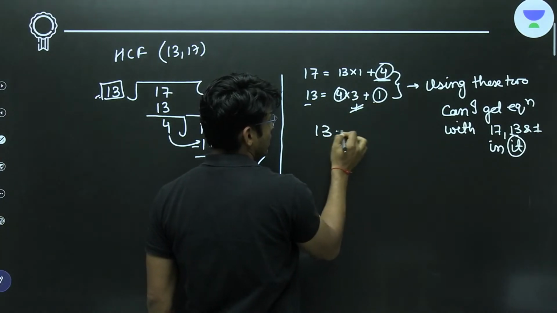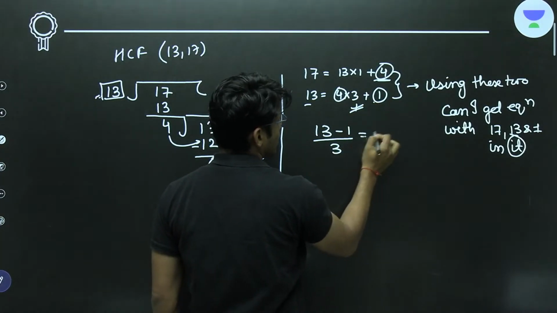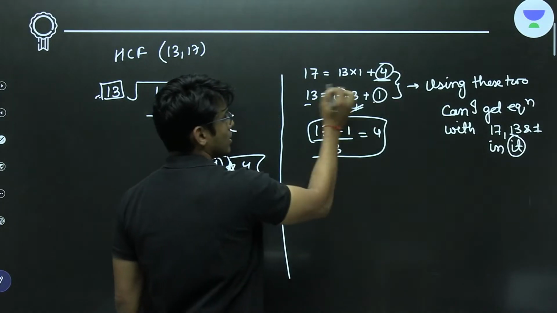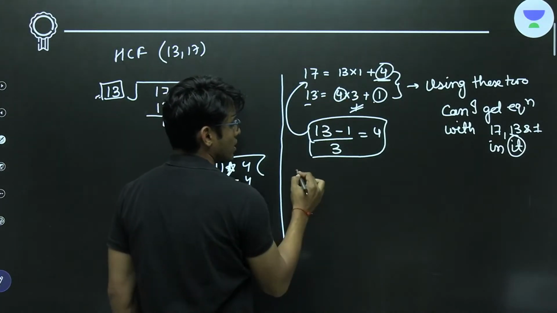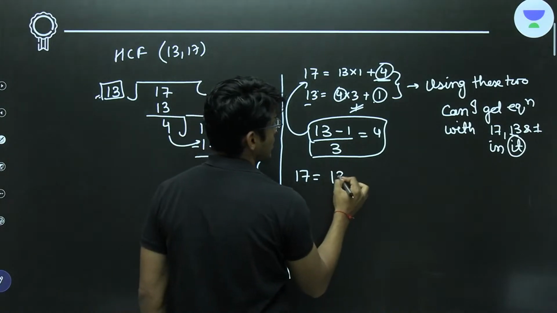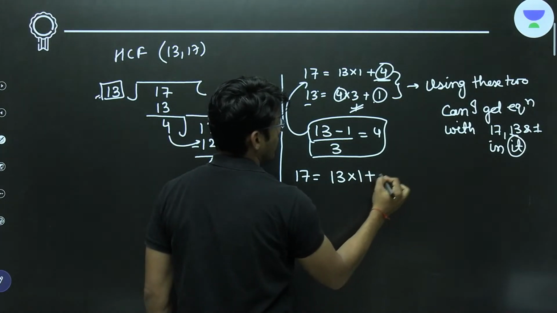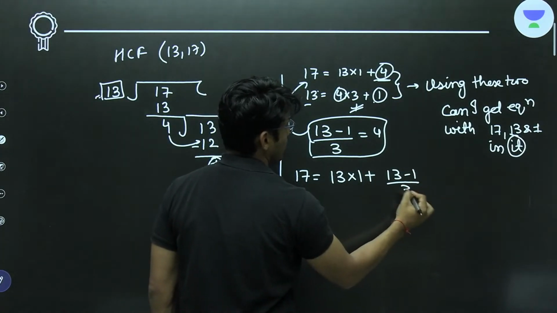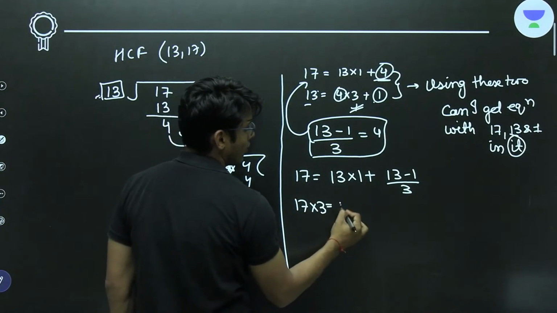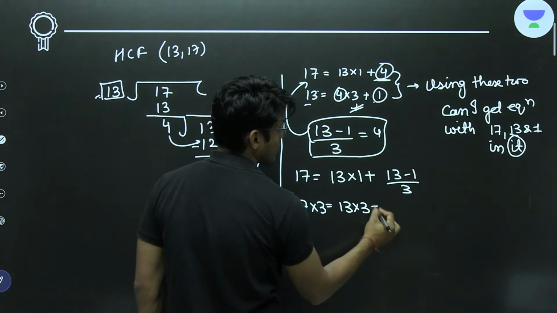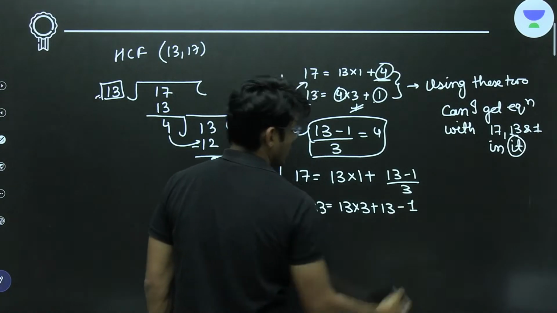Can I write 4 as this? Take 1 here, divide by 3. Let's put this here. So you have 17 equals 13 into 1 plus 13 minus 1 into 3. Multiply the whole equation by 3. You have this. Right?